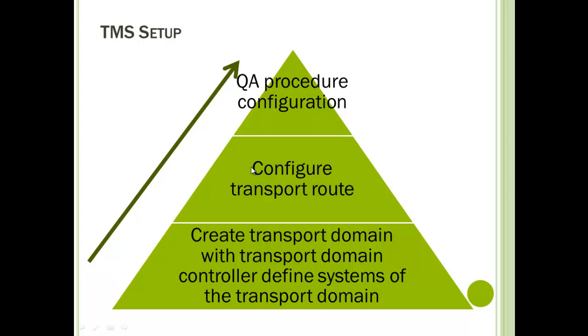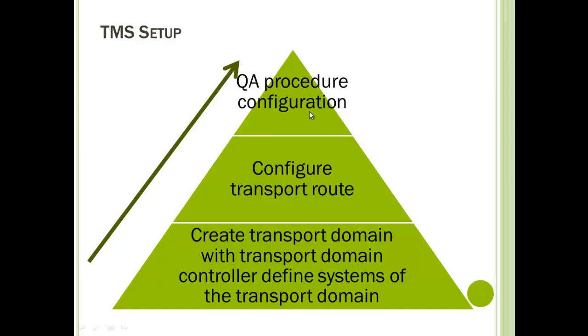Then the second stage is to configure the transport routes. Here we will configure the transport routes to define the SAP systems and the client roles within the specific SAP landscape. That is stage 2. Then we have stage 3, which is basically an optional stage where we will configure the QA procedure.